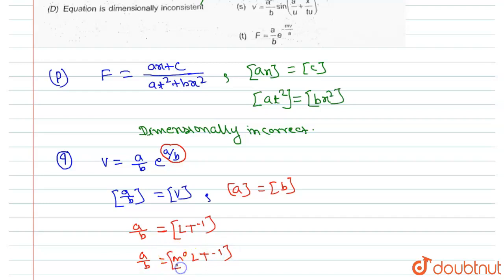From here it is clear that the dimension of a by b is equal to this, but it is written that the dimension of a should be equal to the dimension of b. So it is not possible.